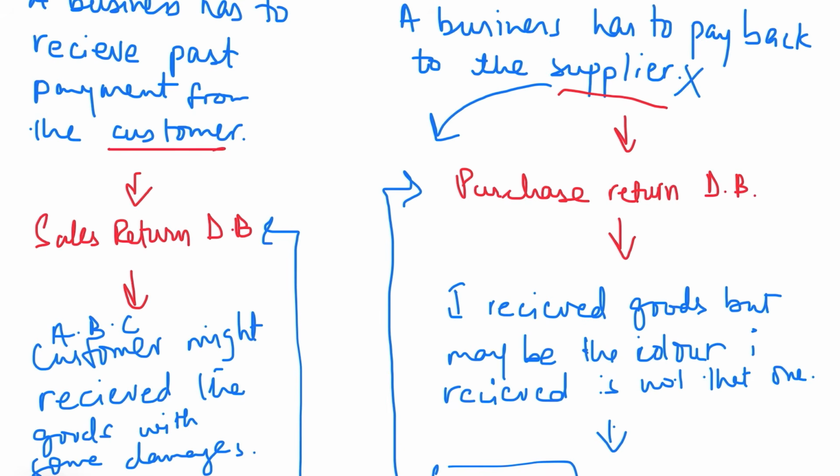For example, XYZ is the supplier, so I will mention that XYZ supplier and the amount as well as whatever the details of that goods, right?